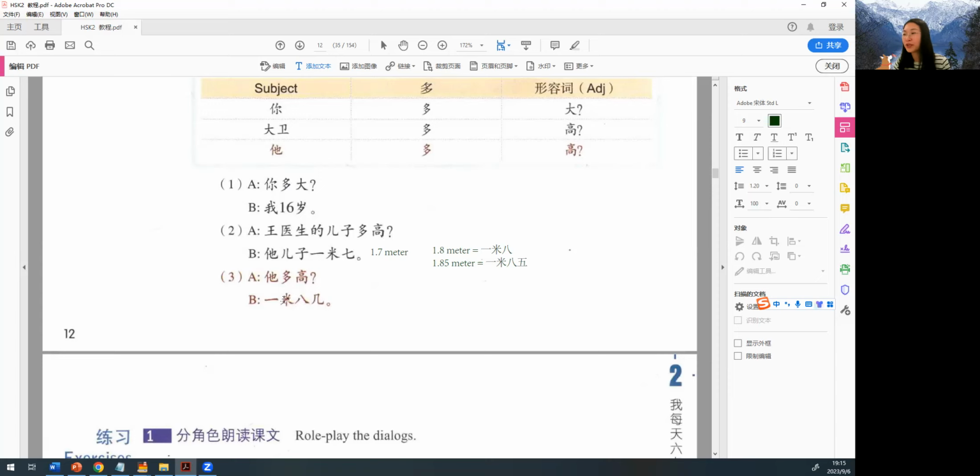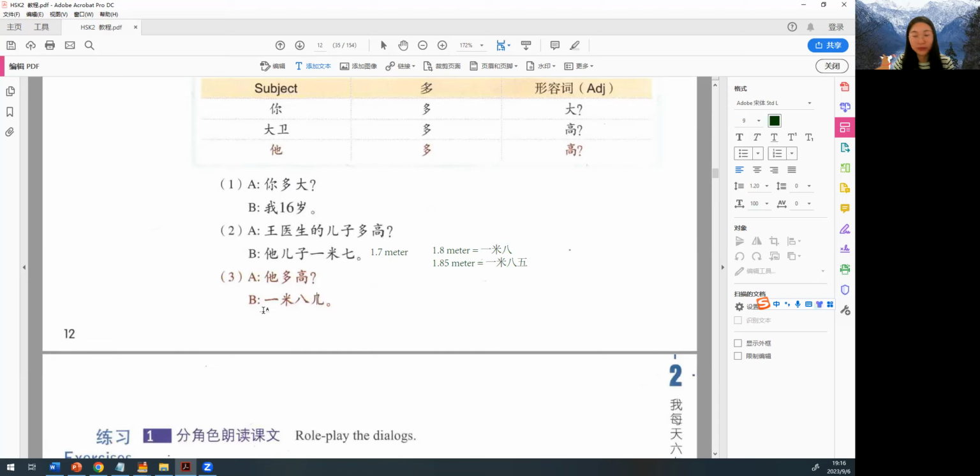So it's 1.8 meters, and the next level is 1.9. So we don't know exactly by saying 1.8几. By saying this, it means we don't know the exact number, but we know that he is taller than 1.8 meters but less than 1.9 meters. That's how we express this 几 over here.